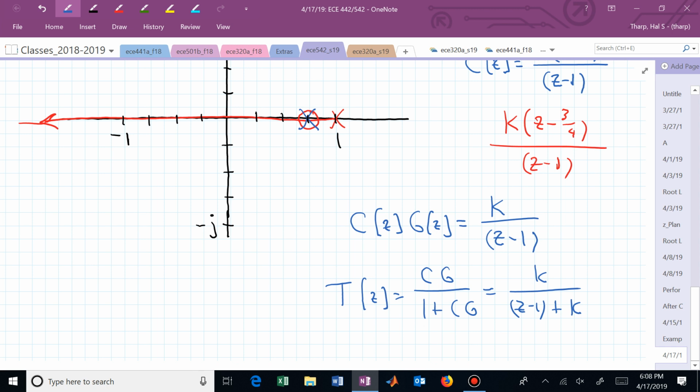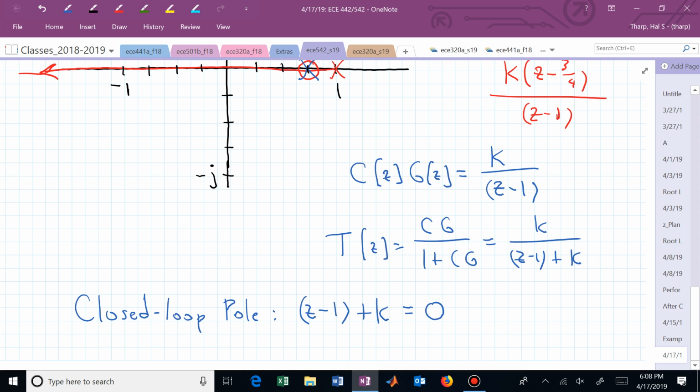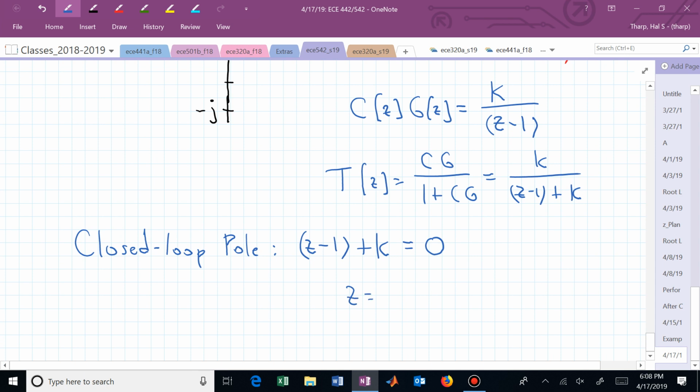And your closed loop pole is now resulting from z minus 1 plus k equaling 0, or z is equal to 1 minus k.